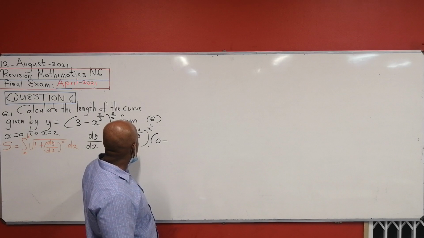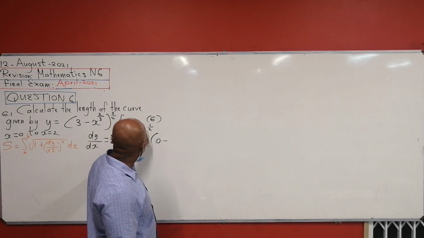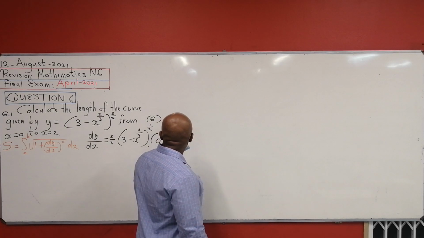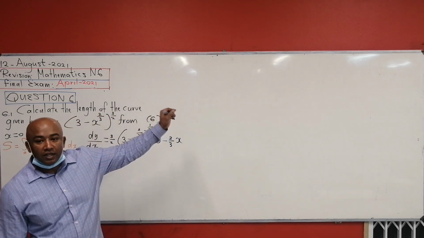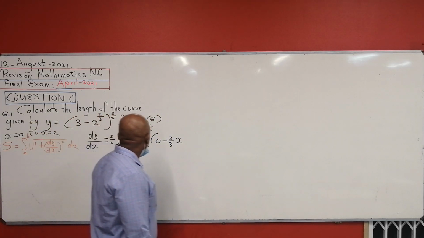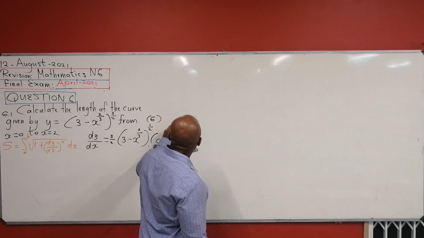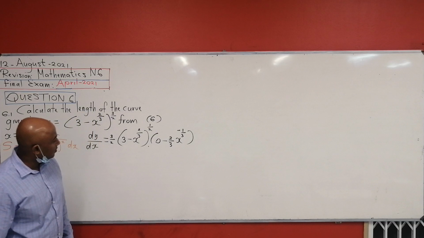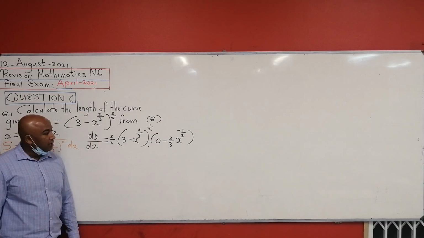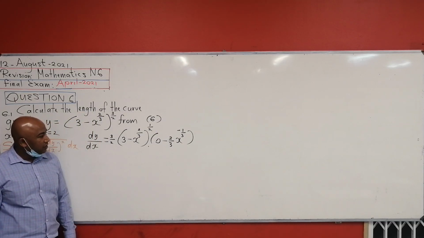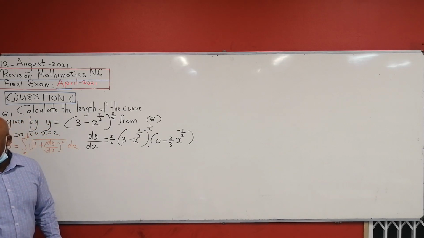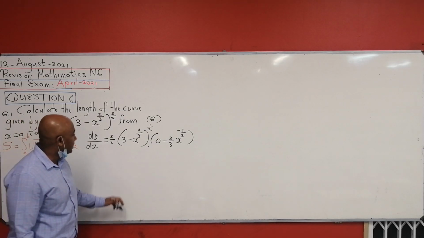The derivative of this minus x to the power 2 over 3, that's going to be minus 2 over 3 x to the power 2 over 3 minus 1. 2 over 3 minus 3 over 3 is minus 1 over 3. Right, so now that is the chain rule. So we need to simplify. Yeah, we need to simplify this one.